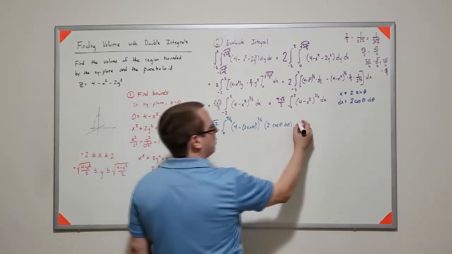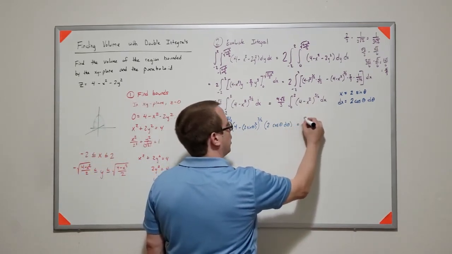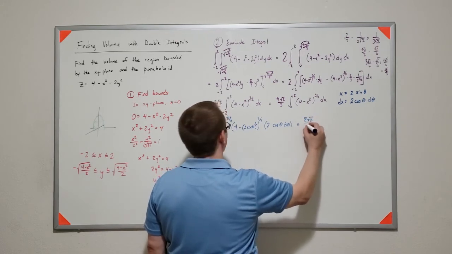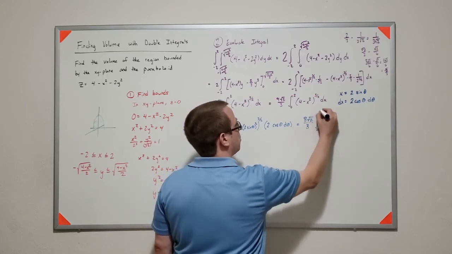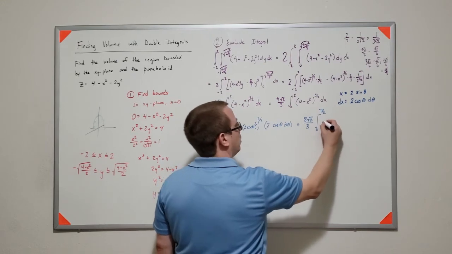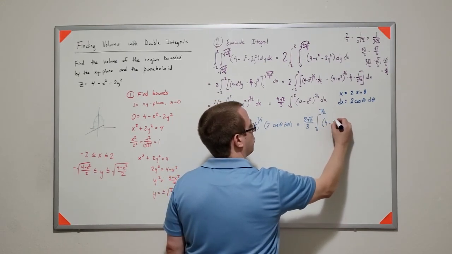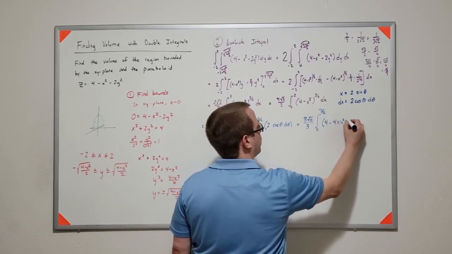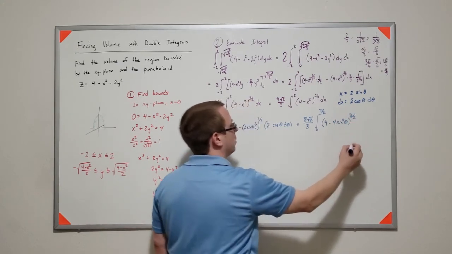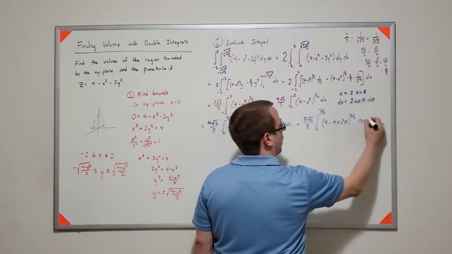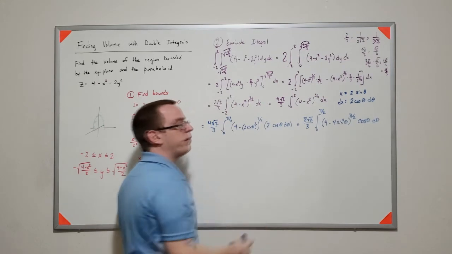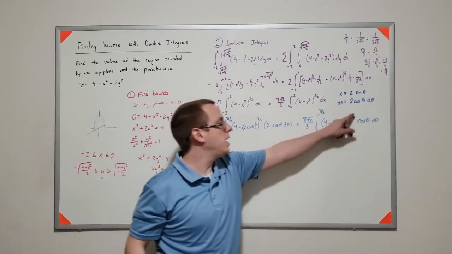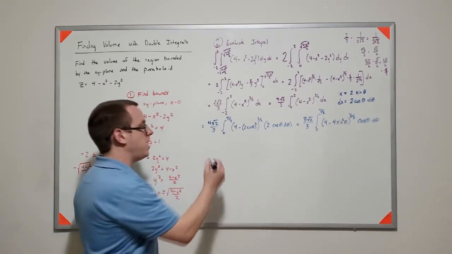So then that becomes 8 square root of 2 over 3, from 0 to pi over 2, of 4 minus 4 sine squared theta to the 3 halves, cosine theta d theta. Well, if I factor a 4 out and take it to the 3 halves, that's another 8.